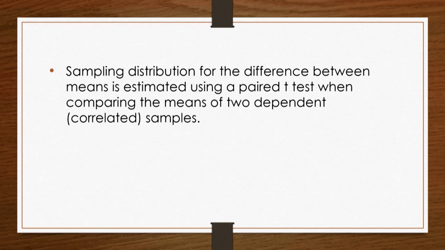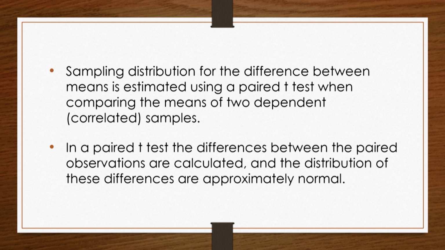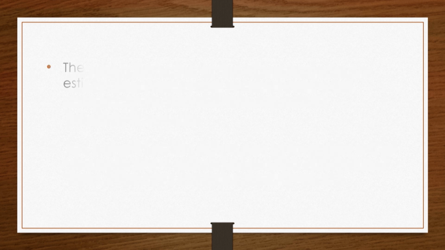Sampling distribution for the difference between means is estimated using a paired t-test when comparing the means of two dependent or correlated samples. In a paired t-test, the differences between the paired observations are calculated and the distribution of these differences is approximately normal.